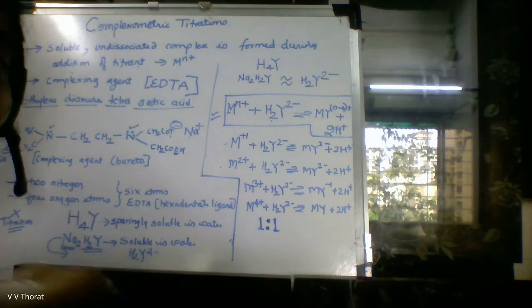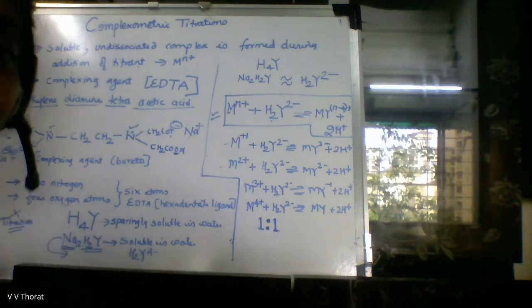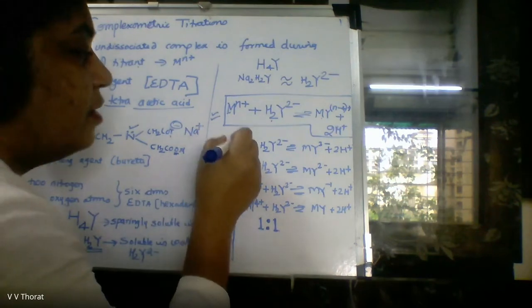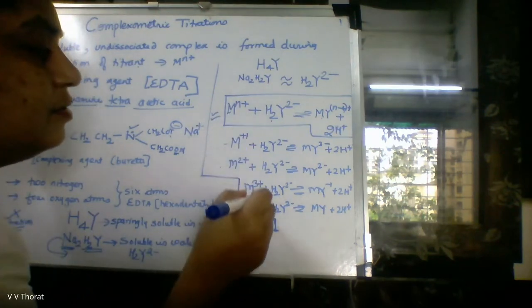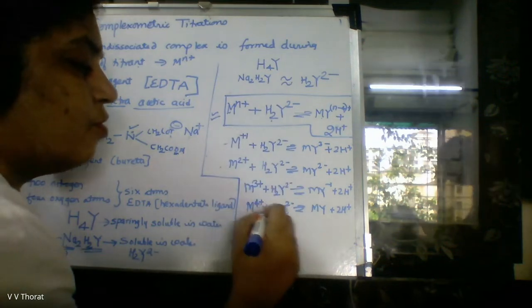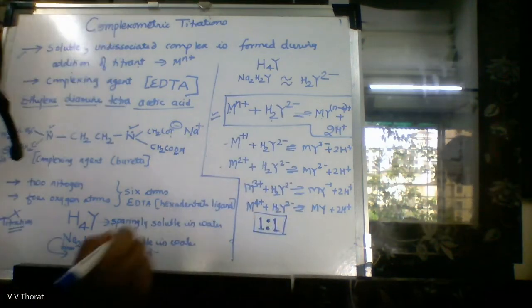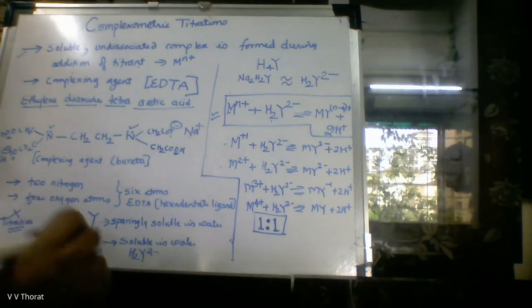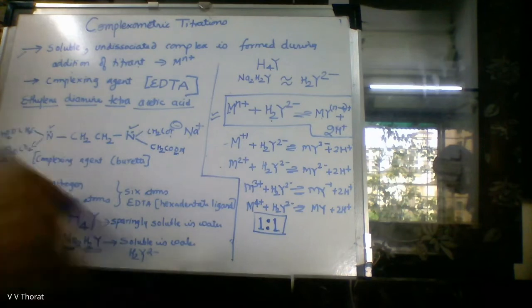So it varies, but the beauty of EDTA titration is that all metal ions will react with EDTA in the ratio of 1:1, and hence the calculation part becomes easy.